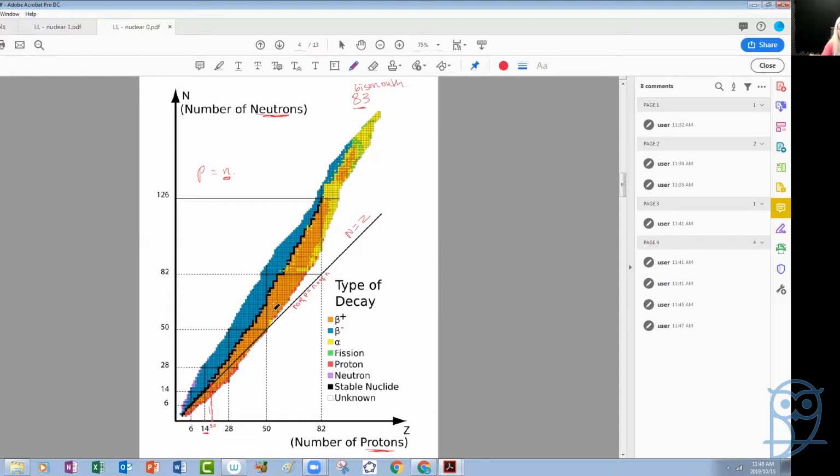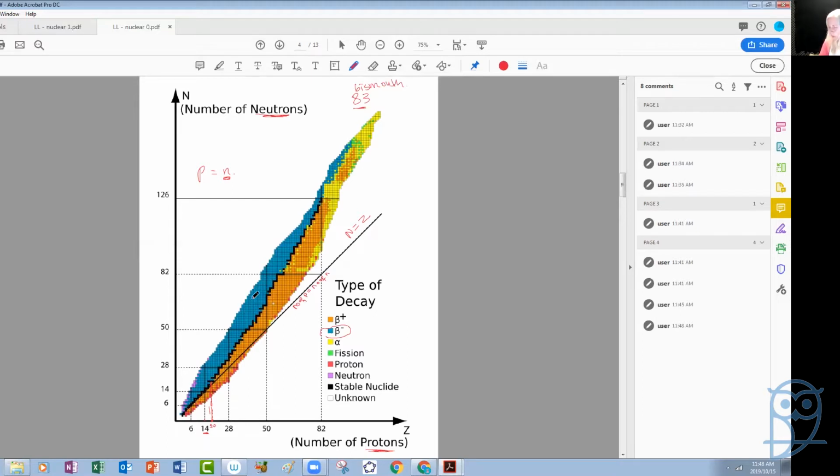Another interesting thing before I change this page: look at this blue area. All these blue isotopes above the black line have more neutrons than necessary to maintain stability, and they decay with beta minus decay. All these nuclides shown in blue decay with beta minus decay.